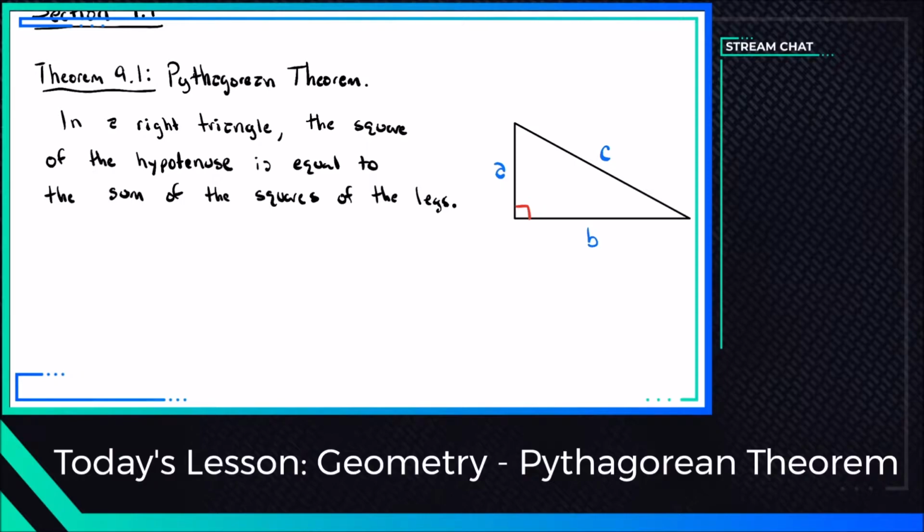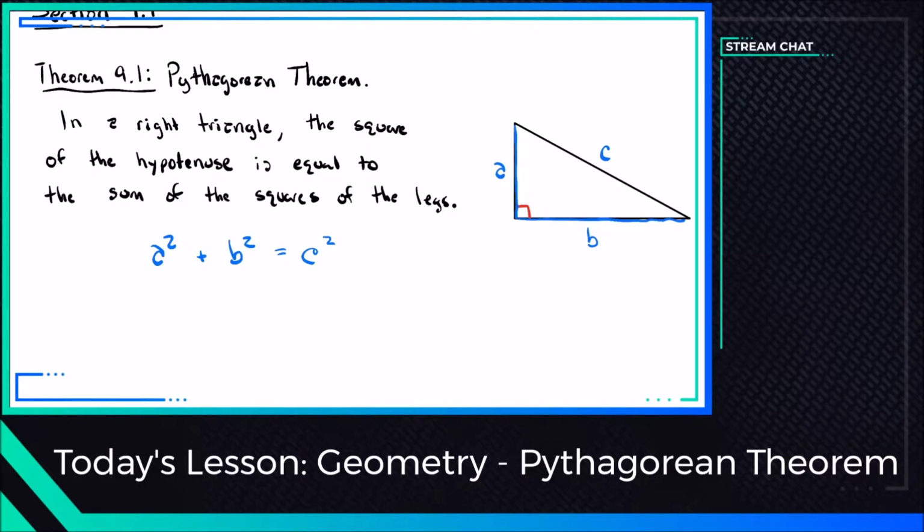If we take this leg here, A, and this leg here, B, and we square both of them and add them together, so A squared plus B squared, that is going to equal C squared. And so that is the Pythagorean theorem. A squared plus B squared equals C squared.